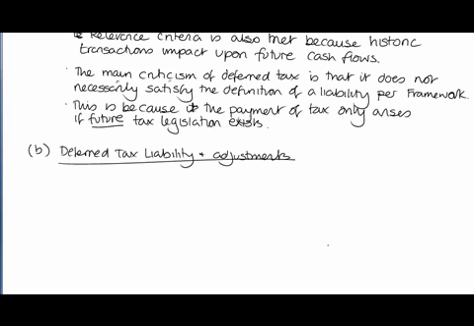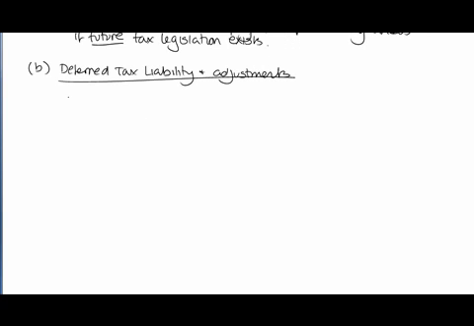Candidates should briefly discuss the adjustments required to calculate the deferred tax liability. So we're given a statement of financial position. I think in the model answer they've provided a statement of financial position. In my opinion, that was not part of the requirements, so I wouldn't have prepared one.